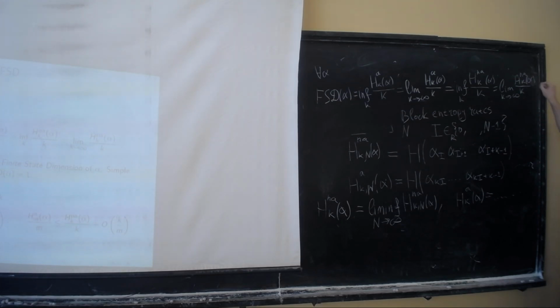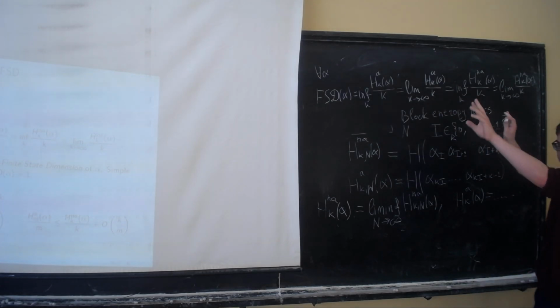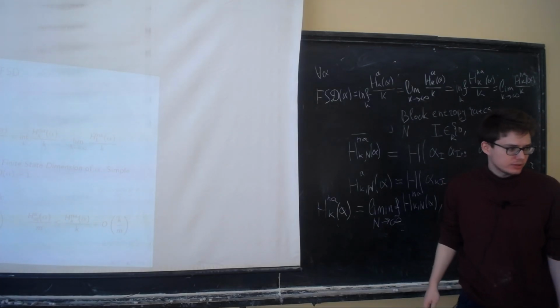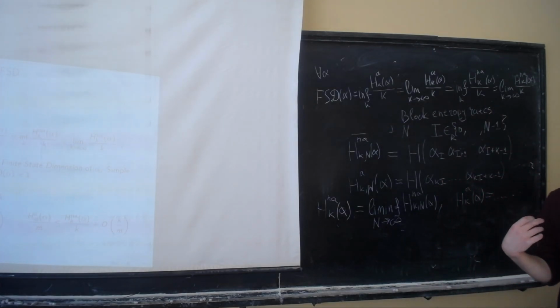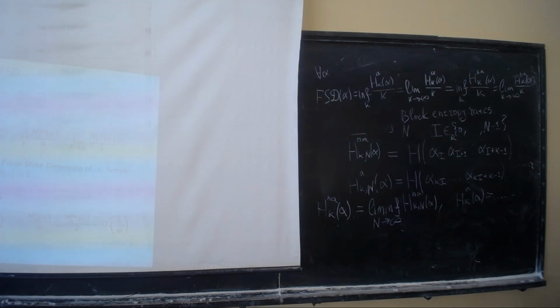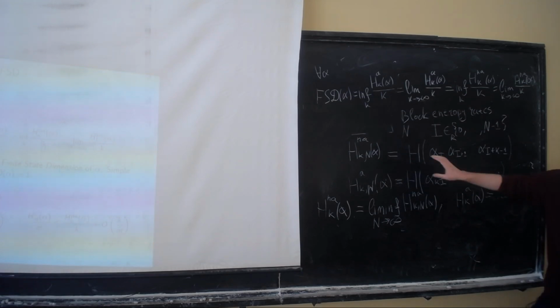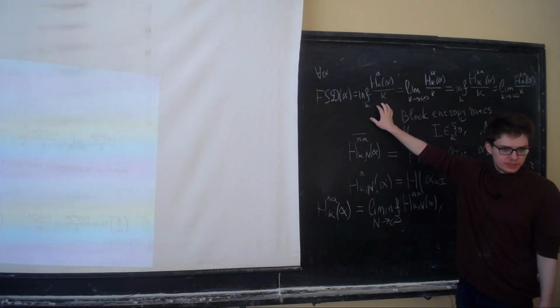Okay, so a few remarks. First of all, if you have already proved all these equalities, then the first thing which is obvious is that a sequence is normal if and only if its finite state dimension is 1, just because of this infimum.